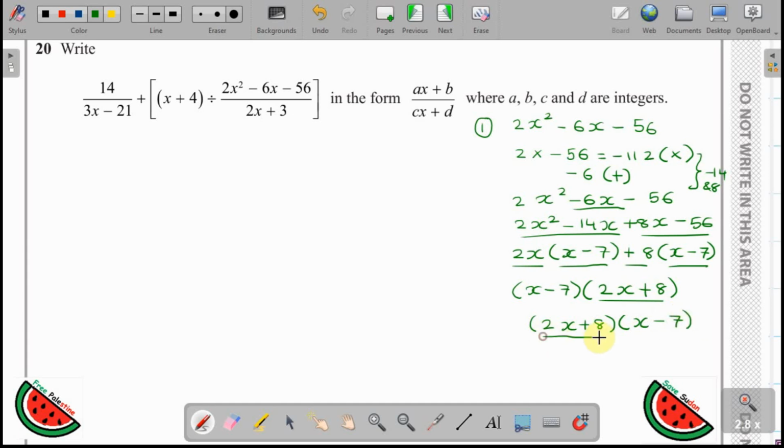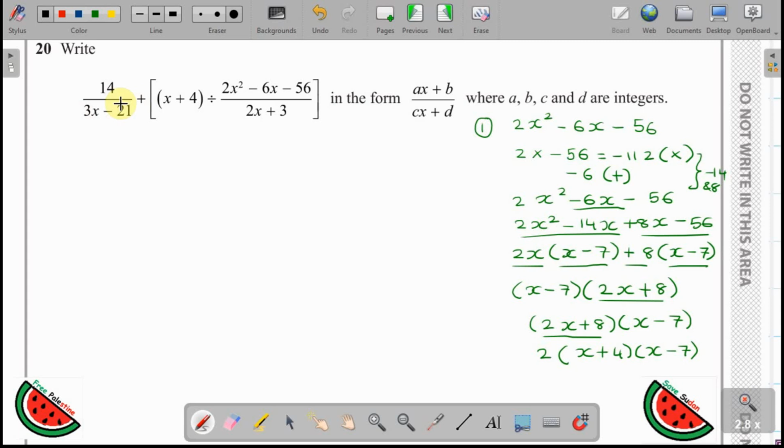Now I'm going to factorize this further by taking the highest common factor out, which is 2. So 2 bracket x plus 4 times x minus 7. You'll see why I've done this in a couple of minutes.